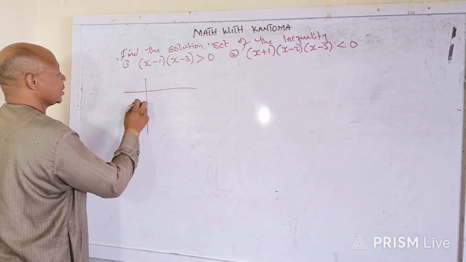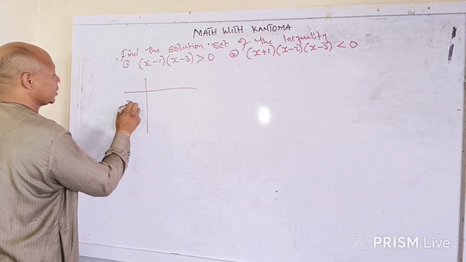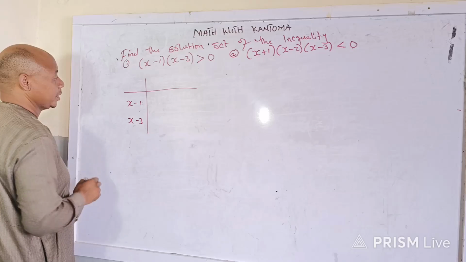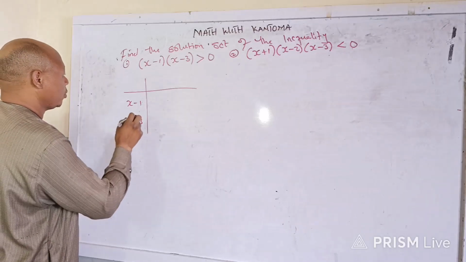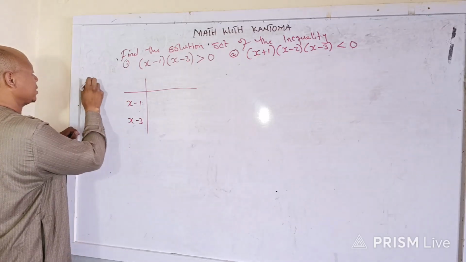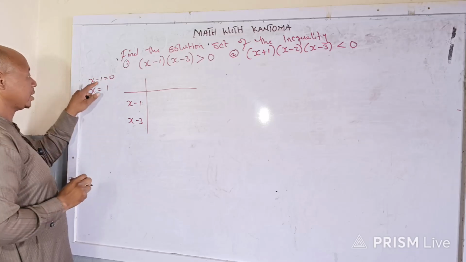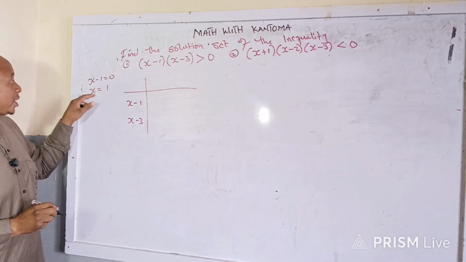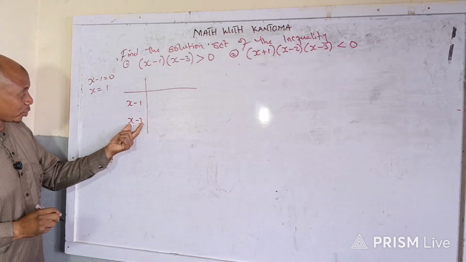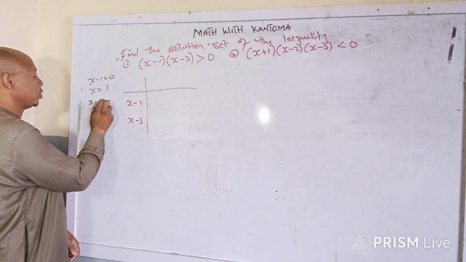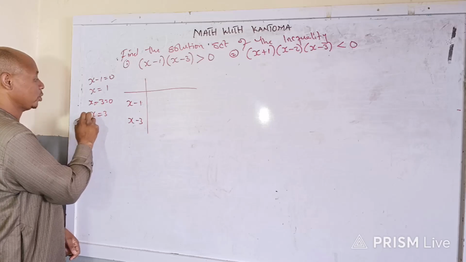we are going to take the value x - 1 and this value x - 3. So now for the first value, when x - 1 is equal to 0, the value of x is equal to 1. This minus 1 crosses the equality, so x will now be equal to 1. Again, if we consider this x - 3 to be equal to 0, the value of x will now be equal to +3.